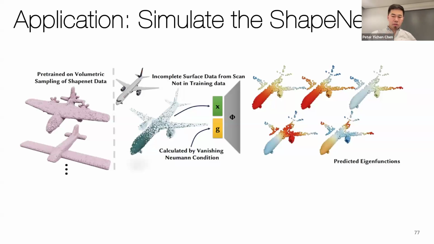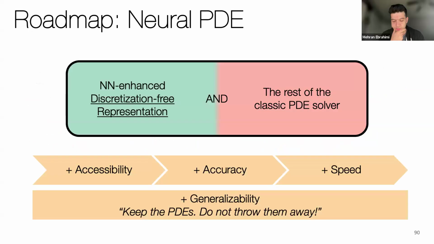Most specifically on the last part of the presentation about the surrogate, it seems that it has addressed the speed aspect of those three advantages. How about the accuracy? Have you done any quantitative analysis between the ground truth and the results you get out of the neural network?